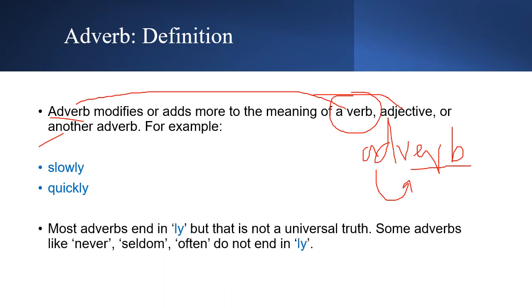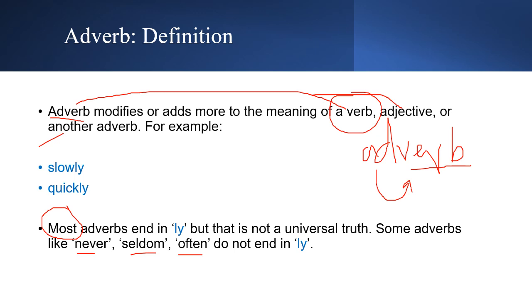Most adverbs end in ly. Remember the word most, not all of them, so that is not a universal truth. Some adverbs like never, seldom, often do not end in ly. When you are in school, you are taught that ly words are adverbs. That's fine, because at that time children are not exposed to complicated concepts, so they are given smaller and easier bits.